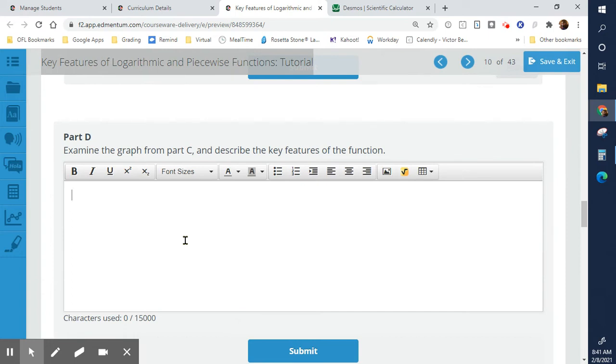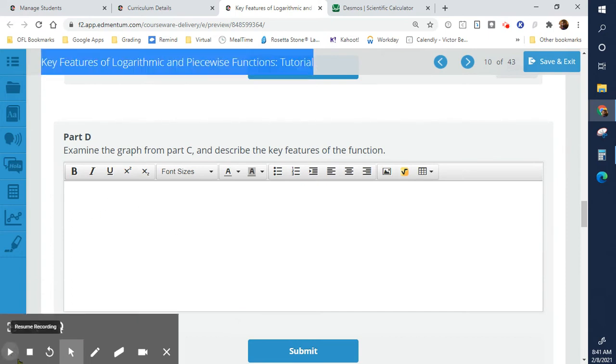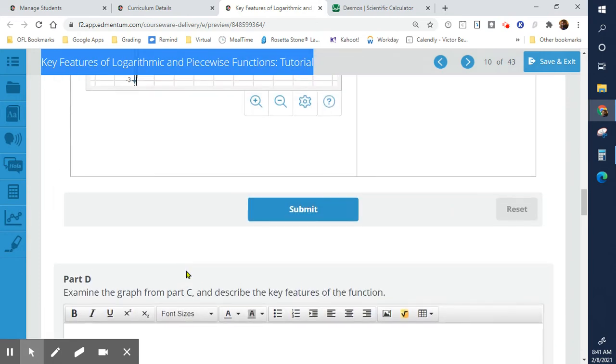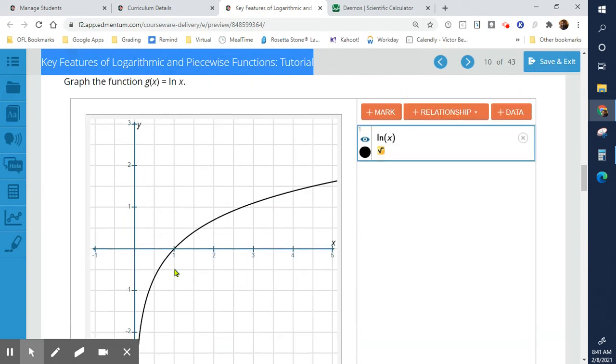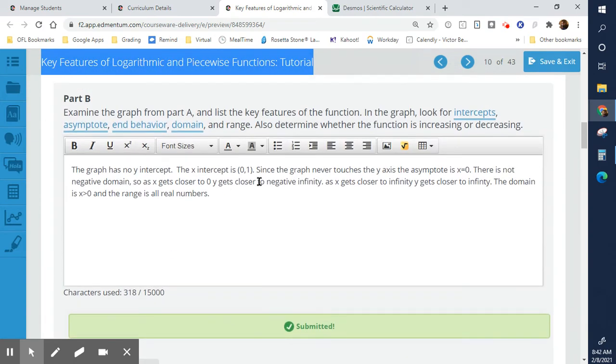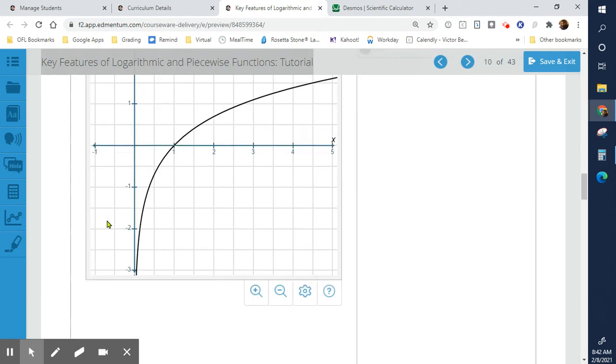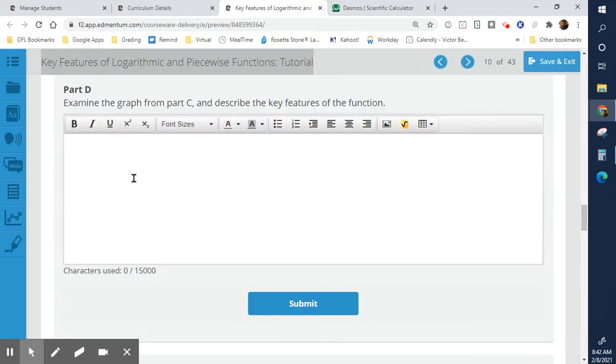So examine the key features of this. Most of this information, actually all of the information, is going to be exactly the same. It's a little lazy, but all the questions are exactly the same.